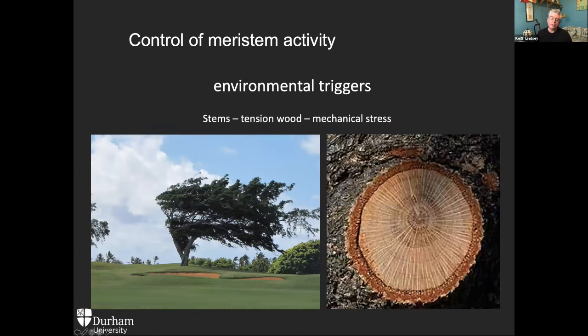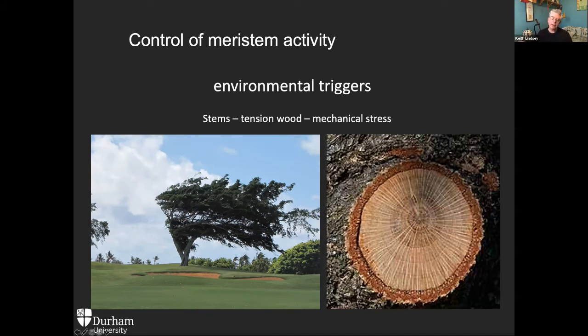Other examples of environmental triggers are things like mechanical stress. So this plant here, this tree, has developed a peculiar shape because the wind is coming from the left-hand side, and it's not that the wind has just blown the plant so that it's wobbling about at an angle.